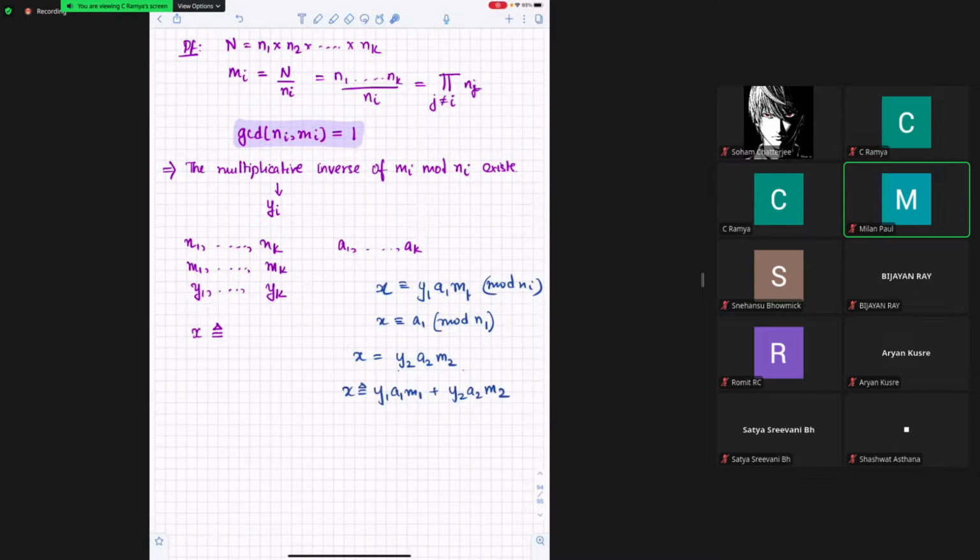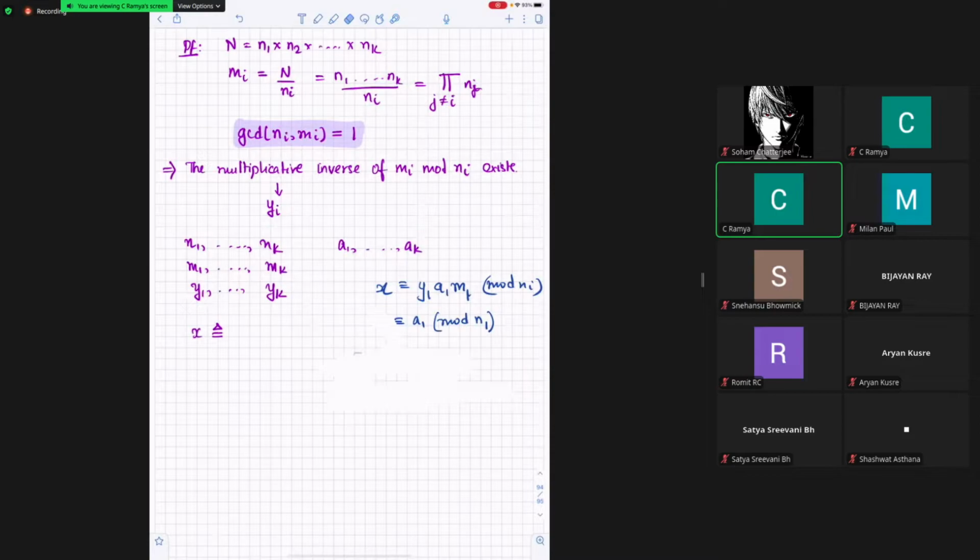Why is that? Because m2 is the product of n1, n3, and so on up to nk, everything except n2. So when I divide by n2, it will have remainder 0. So m2 is essentially n2 times some number, right? So if I divide it, it will go to 0. So this term will go to 0, and this term will remain. Is the idea of what is going on clear?